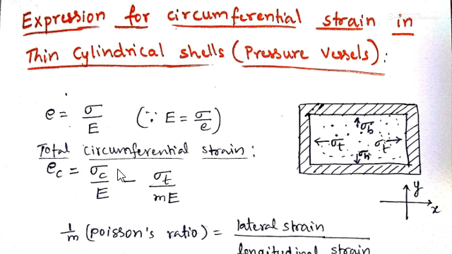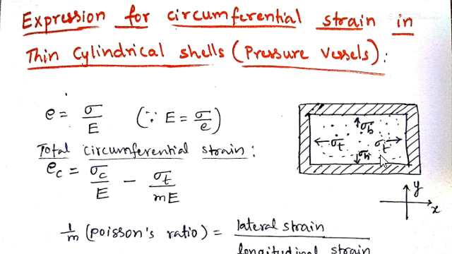And to get the total actual circumferential strain, we remove this term from this term. Why? The circumferential stress acting along the diametral direction will produce positive circumferential strain, and at the same time there is a force acting lengthwise that produces the longitudinal stress. This longitudinal stress will produce a decrease in the diameter, that is, negative strain.